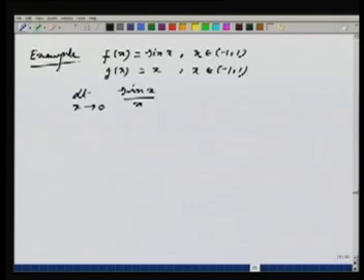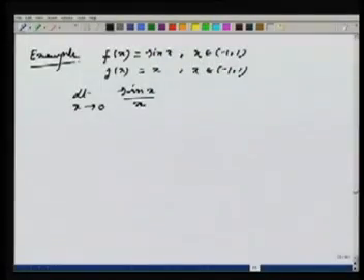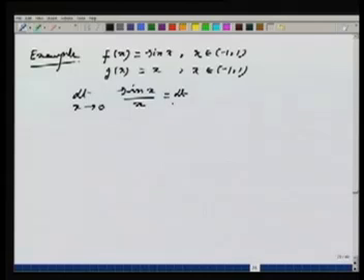Notice that g satisfies the condition of the L'Hopital rule, that g is non-zero at any points except 0. So if I apply the L'Hopital rule, it would say that this limit is the same as the limit as x goes to 0 of cosine x divided by 1, which turns out to be equal to 1. It becomes that easy. Now let us go to the proof of the result.